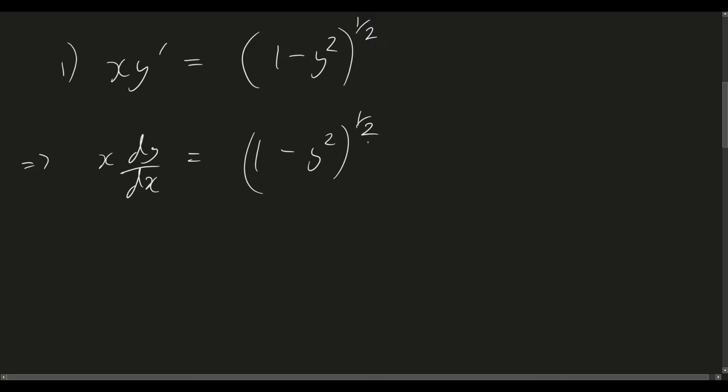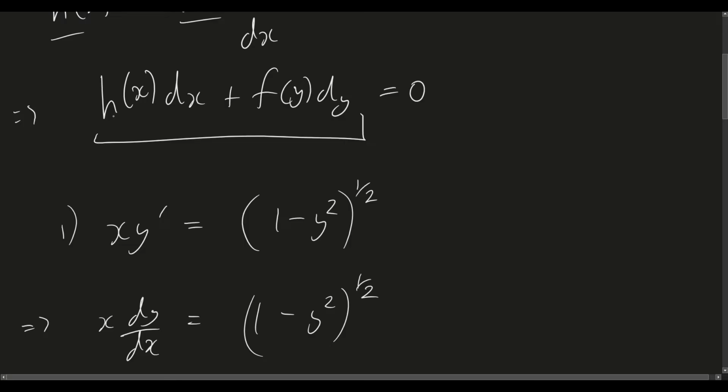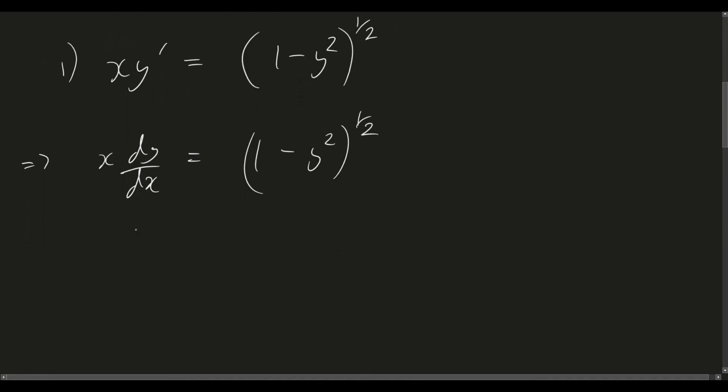Okay, so if we remember, what we wanted to do earlier was rewrite this entire problem in a form where we have just a function of x and a function of y completely separated. And we can actually do that pretty quickly here. All we need to do, in essence, is multiply the dx up to the other side, divide by the x, and then bring the right-hand side down onto the left-hand side.